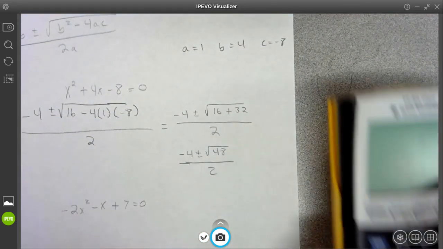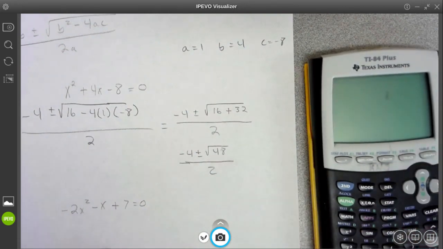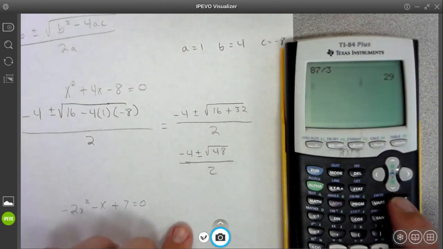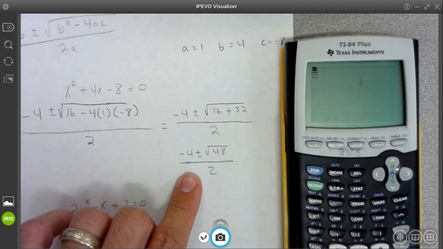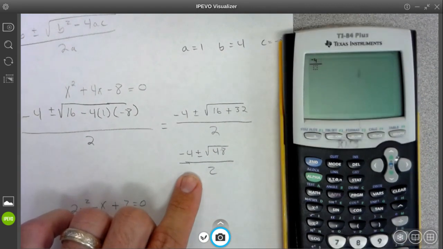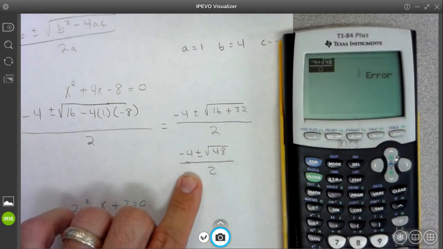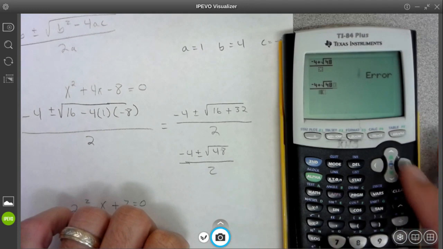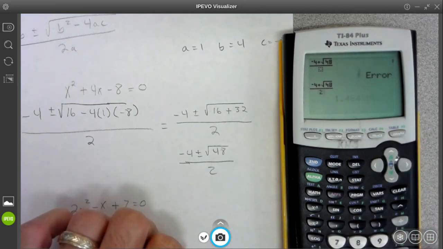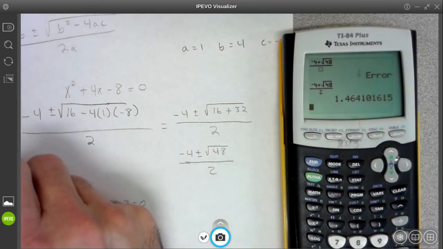All right. To approximate it, to get the decimal answers, we're just going to throw this into a calculator. I'm going to do -4 plus the square root of 48. What did I do? Oh, I didn't put my 2. Over 2. All right. So 1.46.